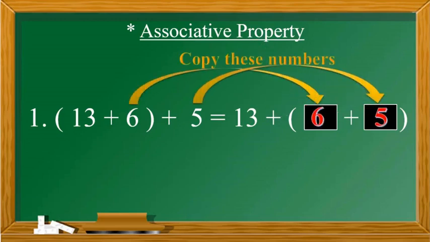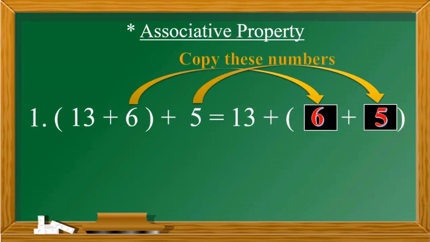Let's evaluate the equation if 6 and 5 are correct. Look and listen carefully as I do the process. 13 plus 6 plus 5 equals 13 plus the quantity of 6 plus 5.